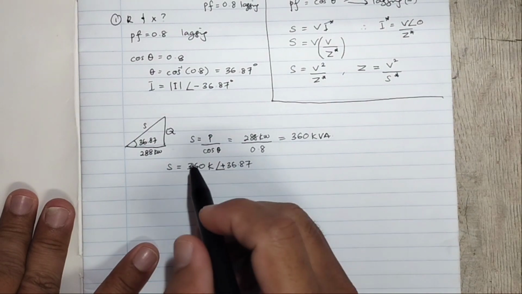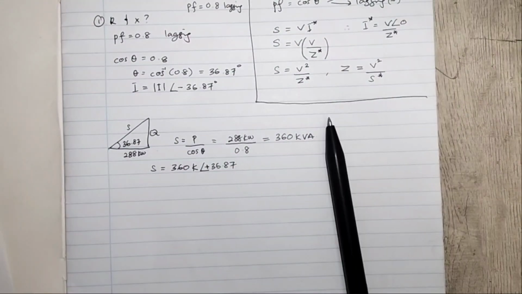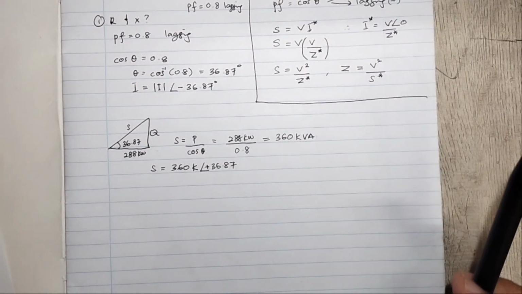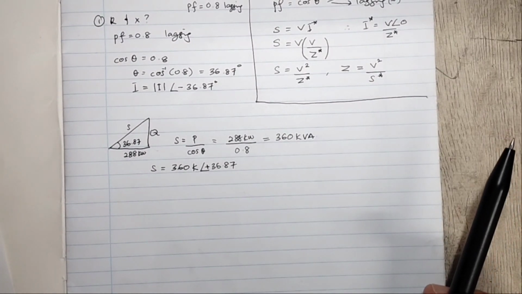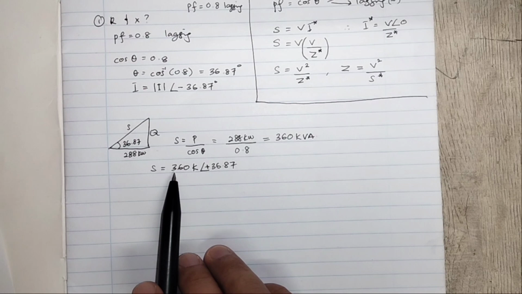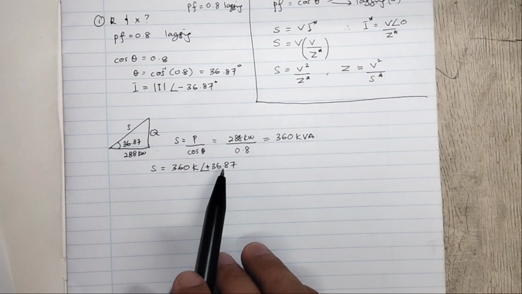So from this formula, ni dapat. Okay, so we got S is equal to 360k, sudut 36.87.